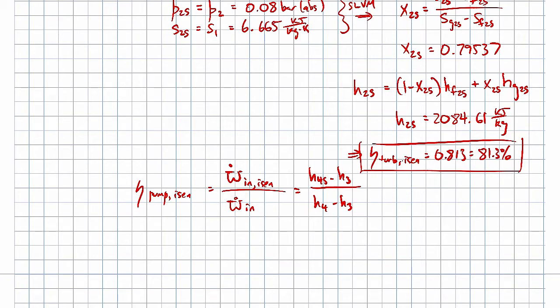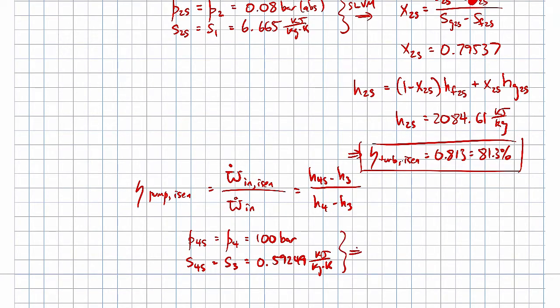For that, we again can go back to knowing the pressure at 4S. That'll be the same pressure as at 4 because we're still operating between the same pressures. That would be 100 bar, if you go back to the picture and look at it. And we also know S4S is equal to S3 because it's isentropic. So that's 0.59249 kilojoules per kilogram Kelvin.